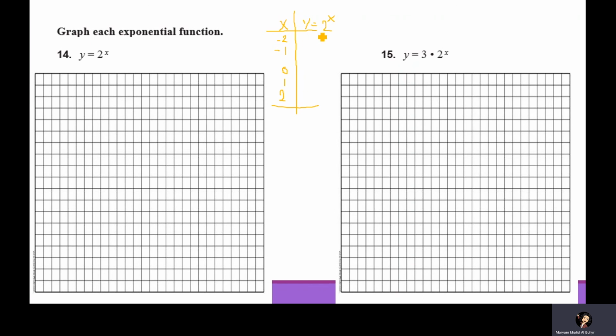So once you substitute by negative 2, you will get 1/4, which equals 0.25. If you substitute by negative 1, it is 1/2. If you substitute by 0, it is 1. If you substitute by 1, it is 2, then once you substitute by 2, it is 4.